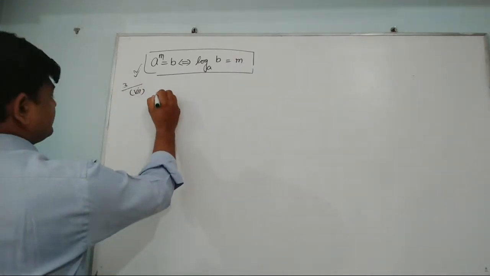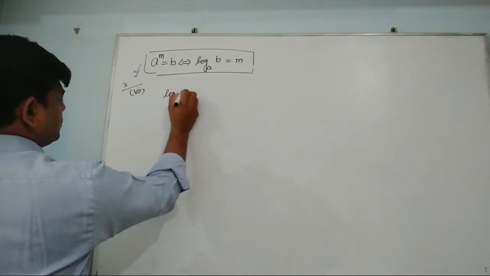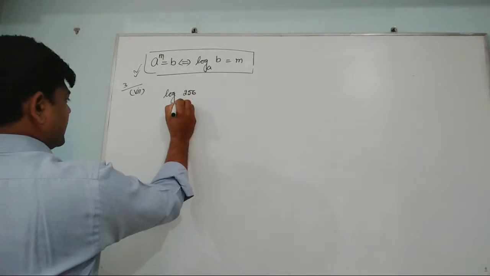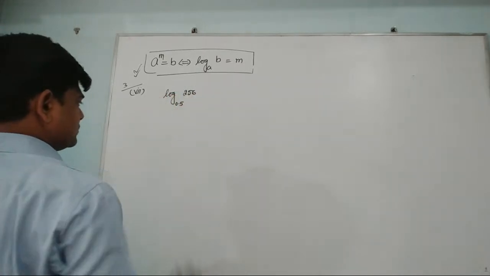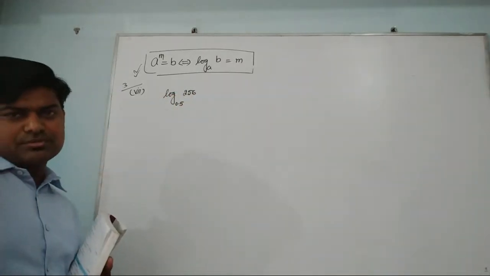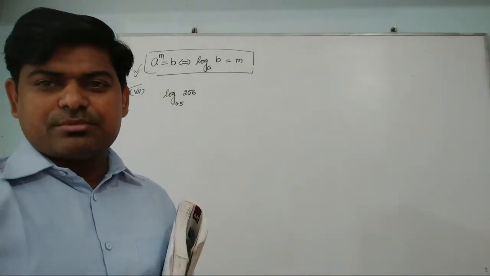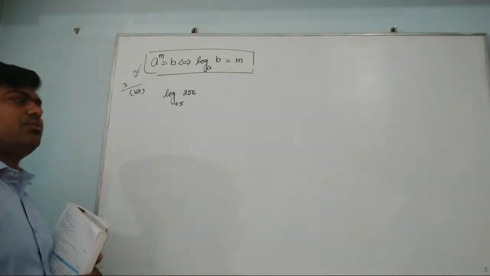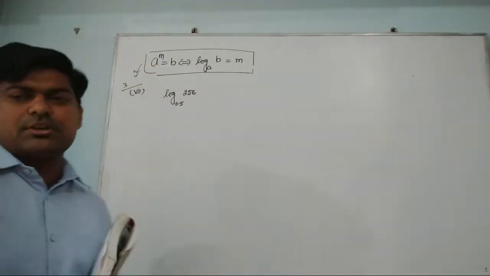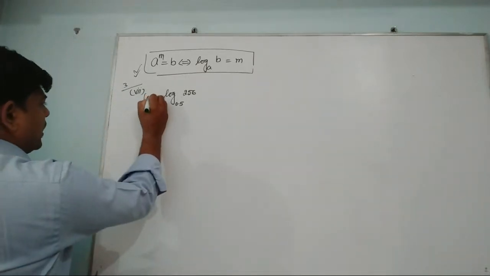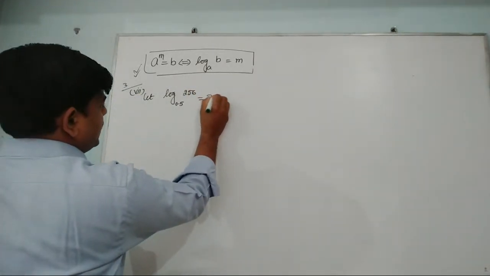Question number 3, 7th part. It's written log 256, and here it's written 0.5. We have to find the value of this one. What I told you, you must remember, to find the value of that whole expression I can take it as x. So I should write here, let this one be equal to x.